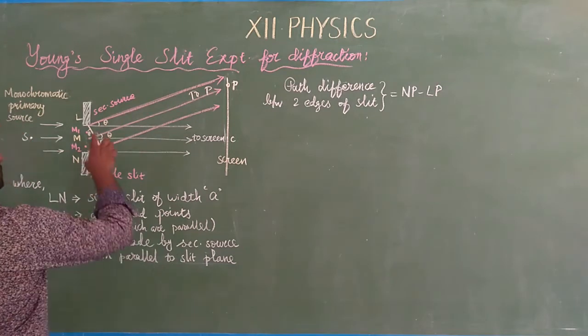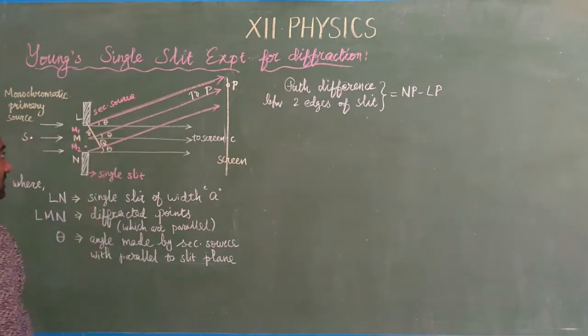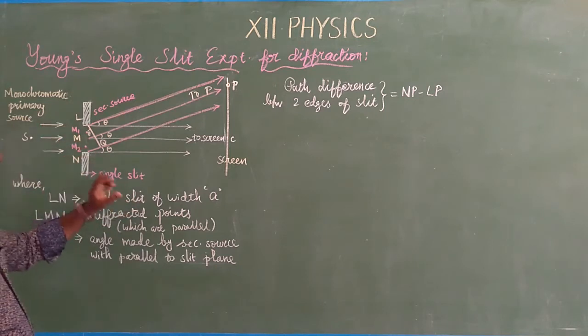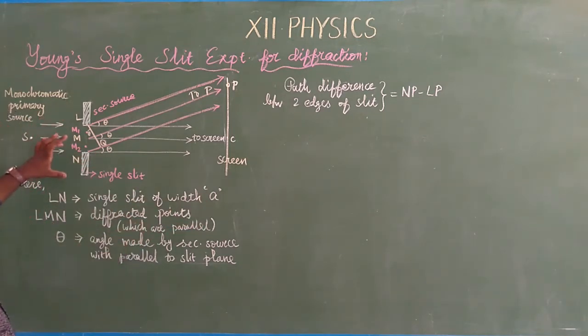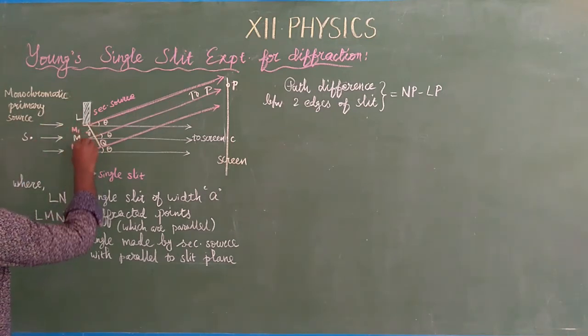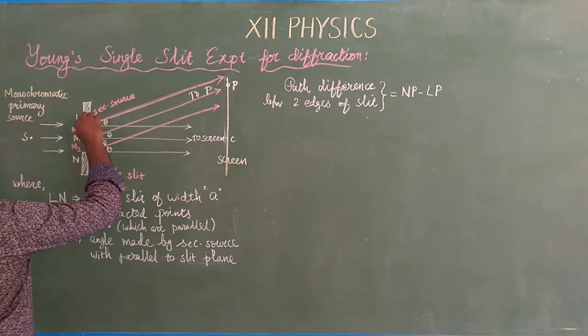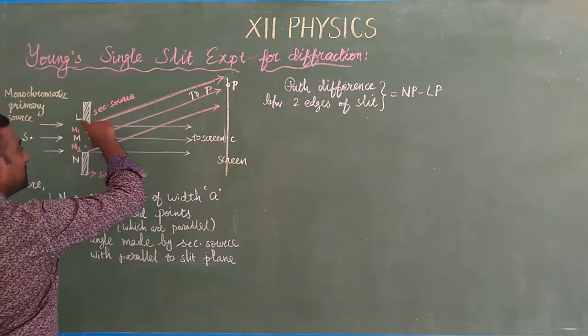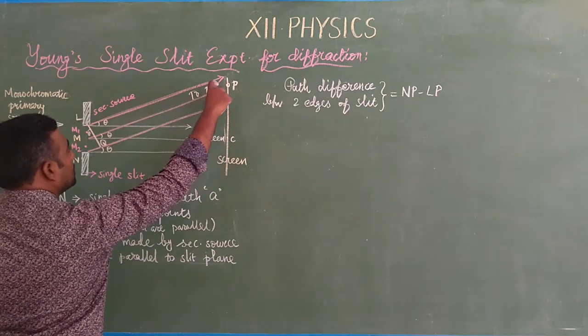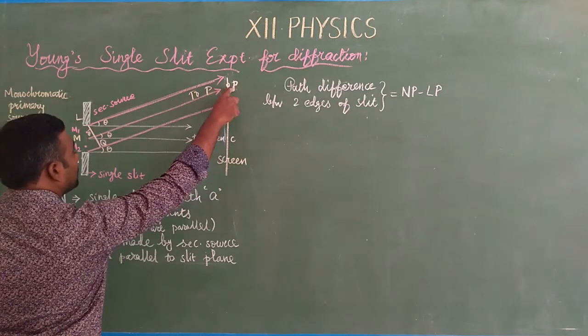Here LN is the slit of width a. From the diagram I explained, LN is the single slit with width a. And L, M, N are the diffracting points. From the slit, from these points, the secondary waves originate. This diffracted wave goes parallelly to meet the screen at a point P.